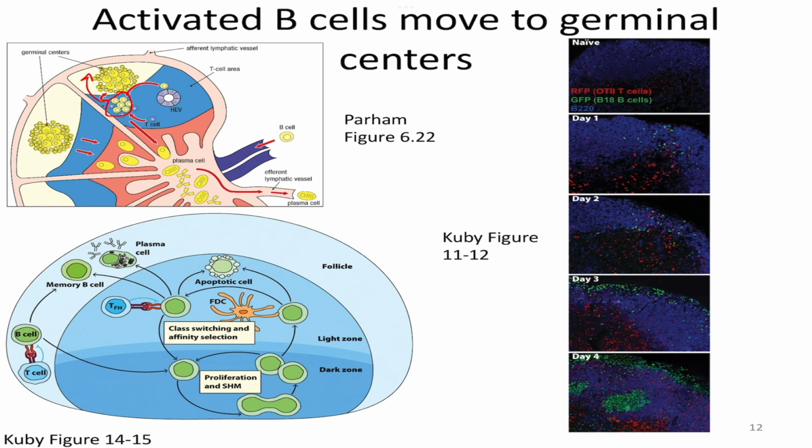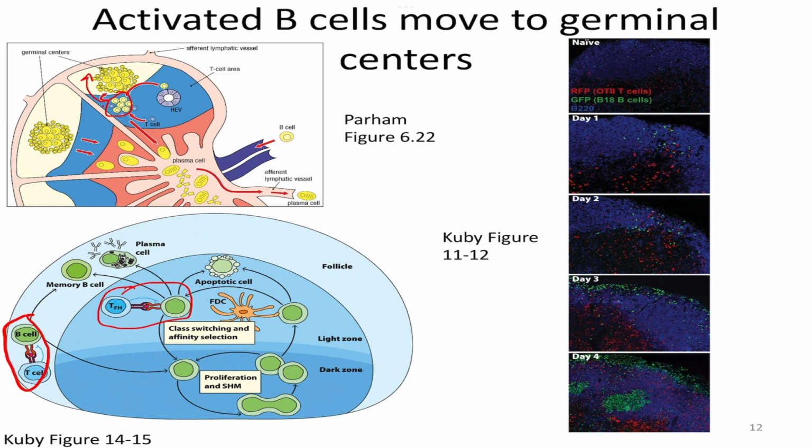So you can see our T cell and our B cell first interacting outside the germinal center. You can also see that then moving into the germinal center for further interactions. You can see our T cells and our B cells interacting throughout this process.